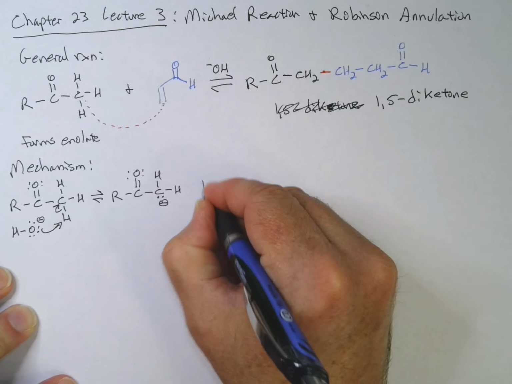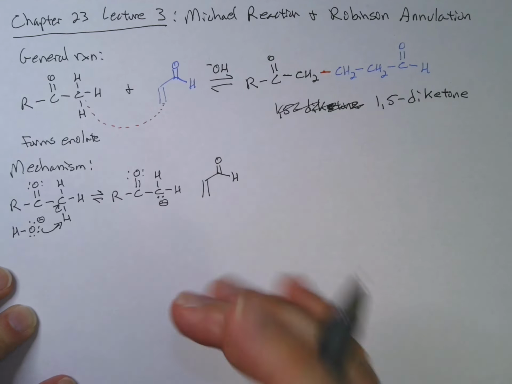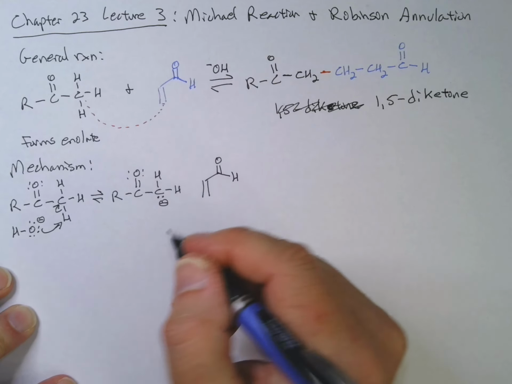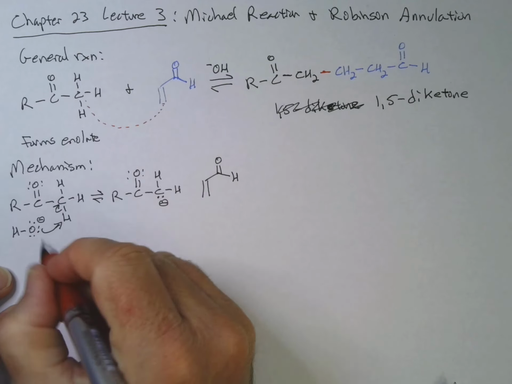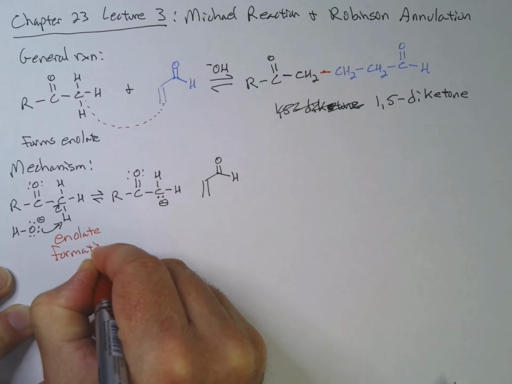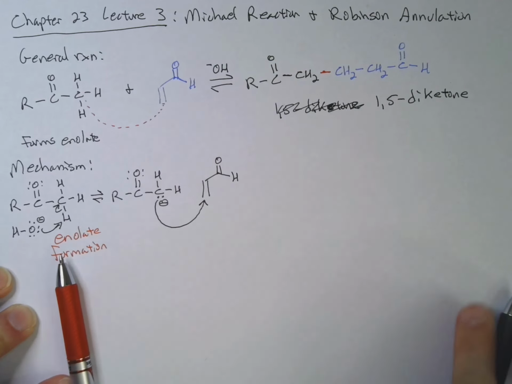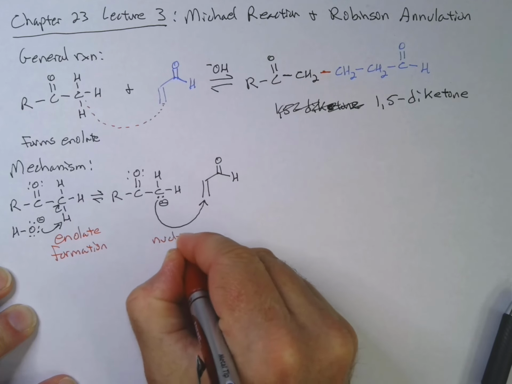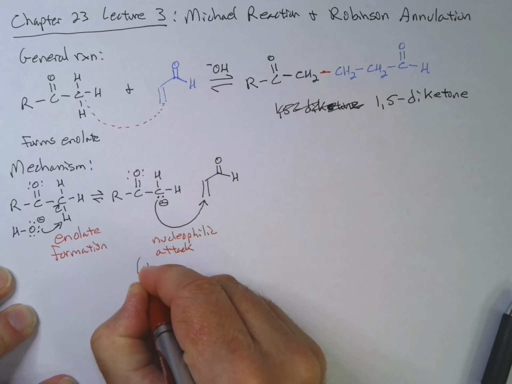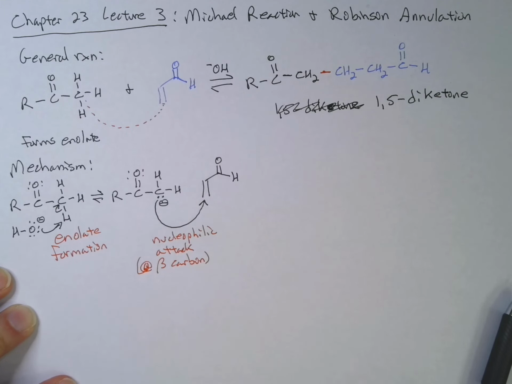And now we have our conjugate species here, our alpha-beta unsaturated aldehyde in this case. And again, let me label these. This is our enolate formation. Now we will have nucleophilic attack, and that occurs at the beta carbon.